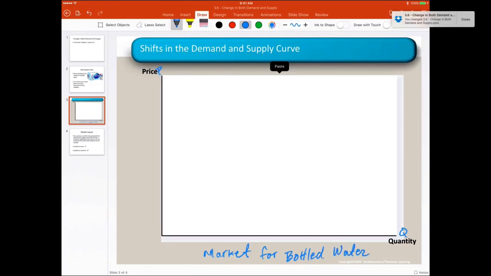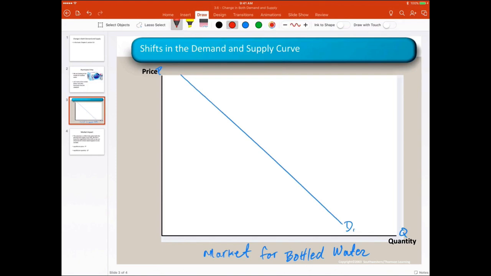Okay, let's put in our demand curve, something like this. Let's label that D1 because we know we're going to be shifting it. And let's put in our supply curve somewhere over here, and we'll call this S1.